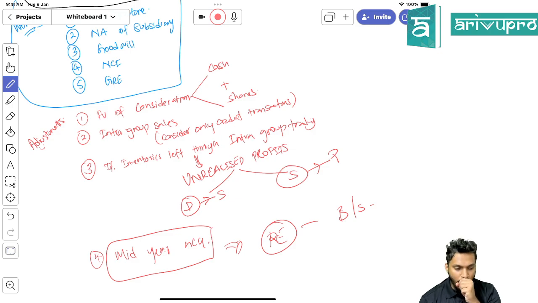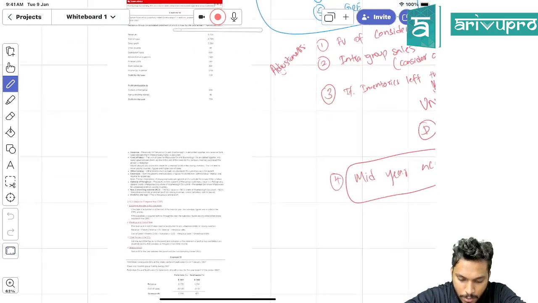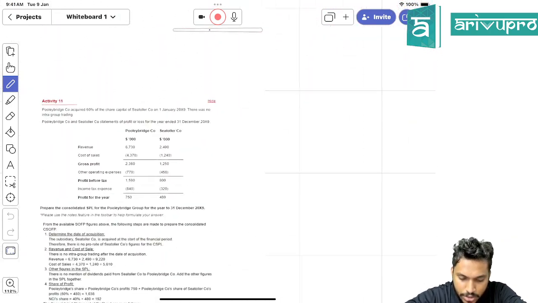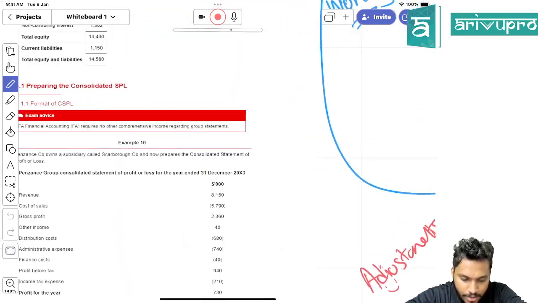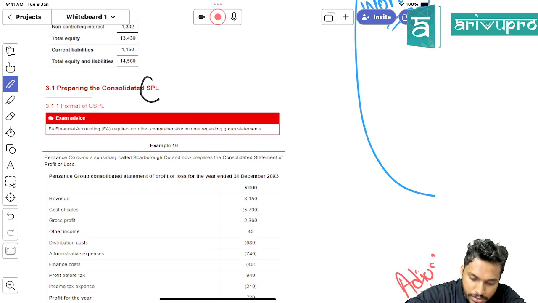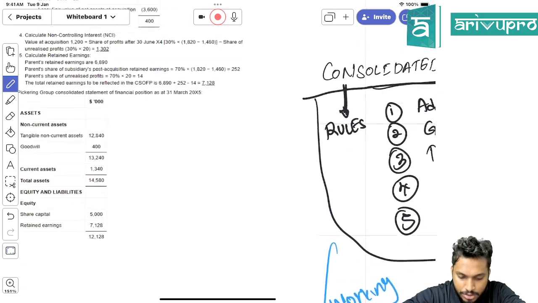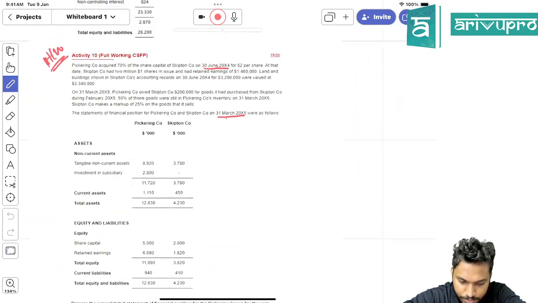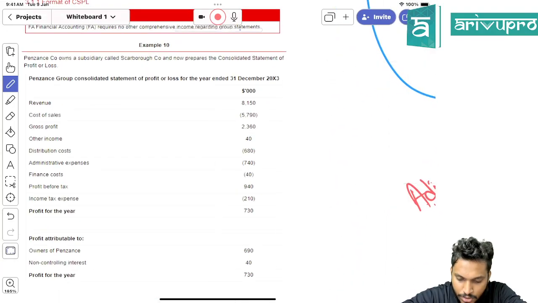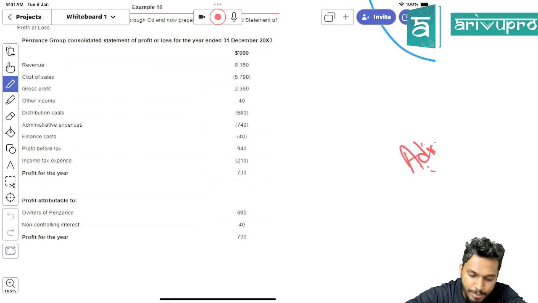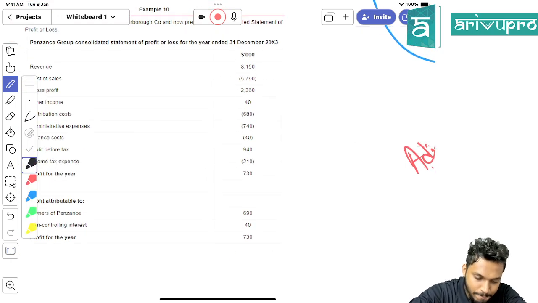Right, now we are going to consolidate a profit and loss statement. So consolidation of P&L is also the same thing.